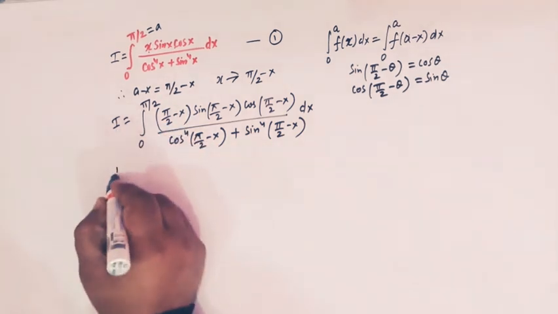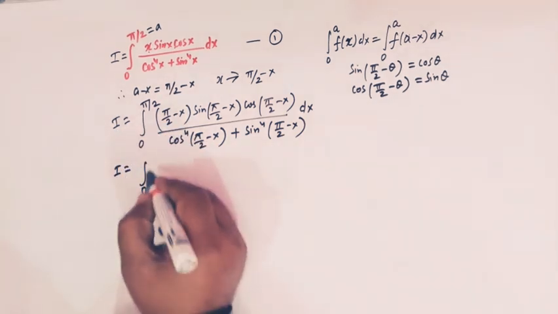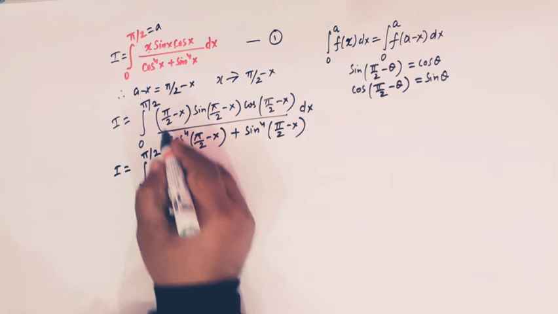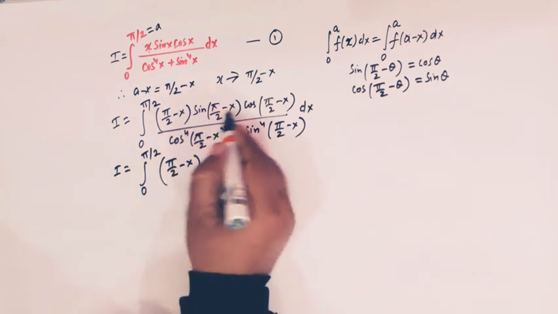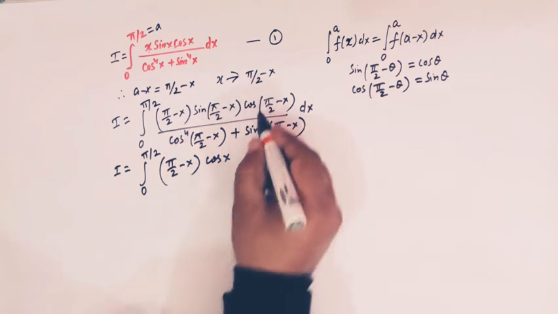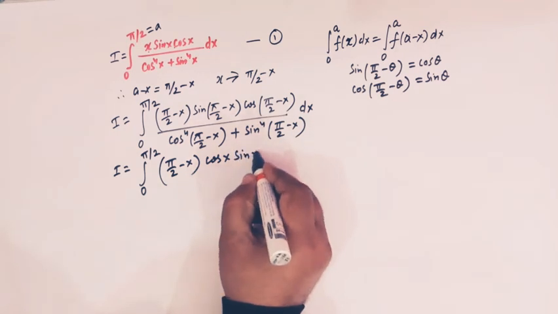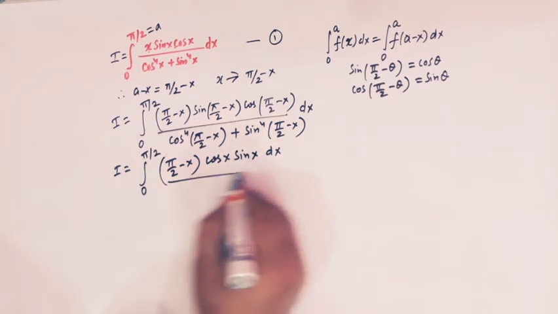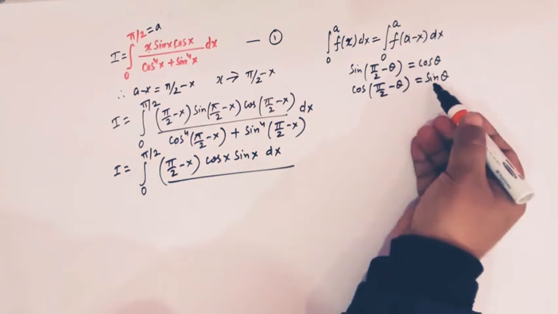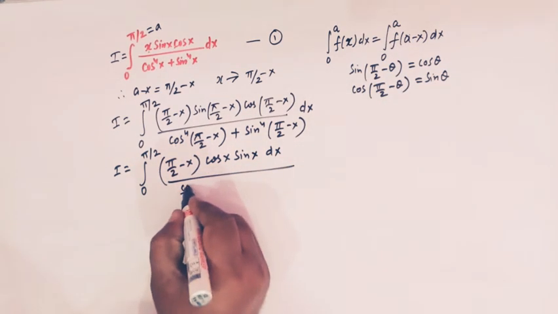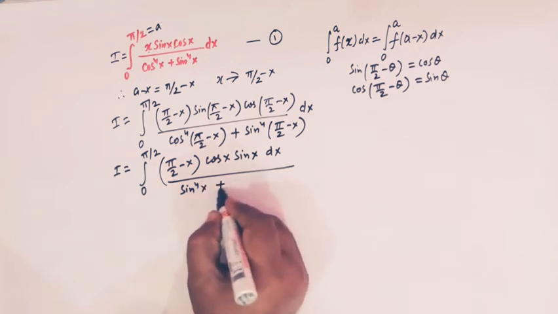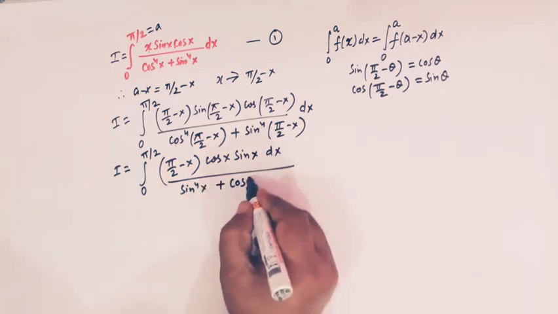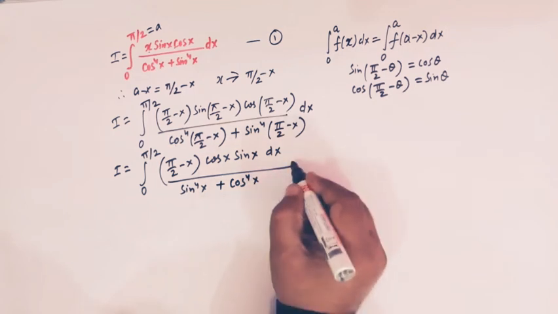So now this integral takes the form 0 to pi by 2 of (pi by 2 minus x), this becomes cos x, and this becomes sin x dx, and cos is changed to sine, so here we have sin^4 x plus cos^4 x.